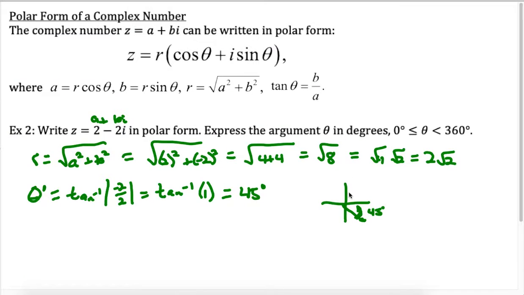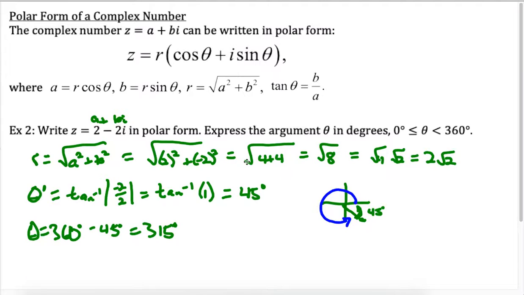To get the angle we want, I need to take 360 minus 45. Whenever we're in the fourth quadrant, I take 360 minus the reference angle to get the angle in question. So since the reference angle is 45, my theta, 360 minus 45, will be 315 degrees.